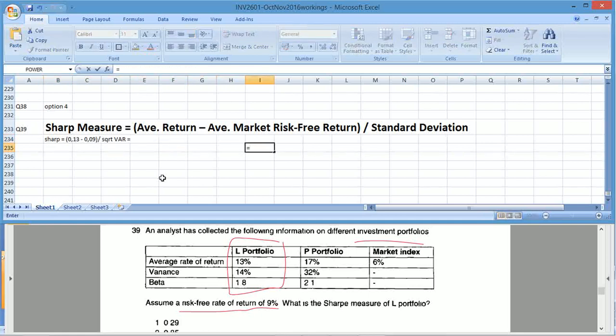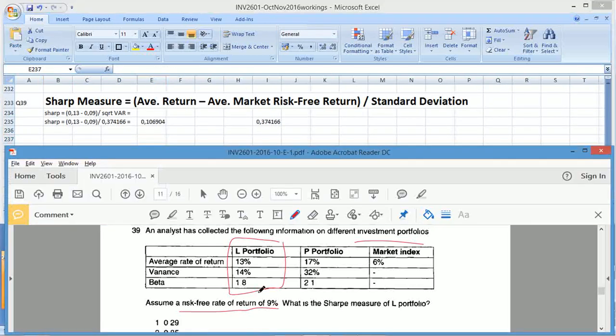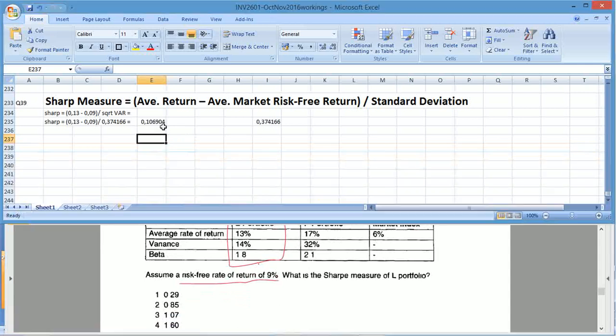Okay, so equals square root of 14%. Square root of 14% is that. Okay, so Sharpe is going to be this divided by 0.374166. Alright, so if I take that and I calculate an answer, that's the Sharpe measure, which is 0.1.